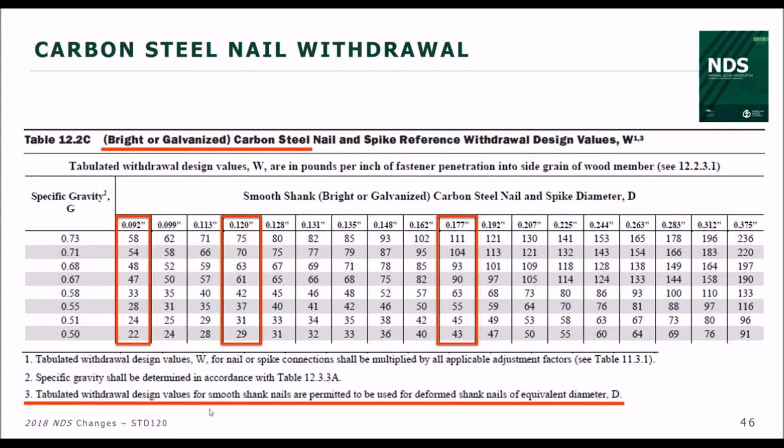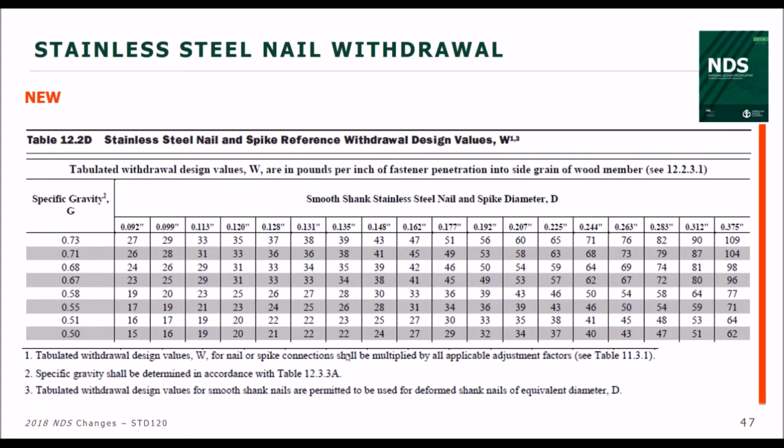And so what you see here with footnote 3 is that for deformed shank nails of equivalent diameter to this table, you're going to use the withdrawal design value here. So that's really a reduction of about 10% for what we used to call threaded nails. But in place of that now, well, let me just cover the stainless steel nails.